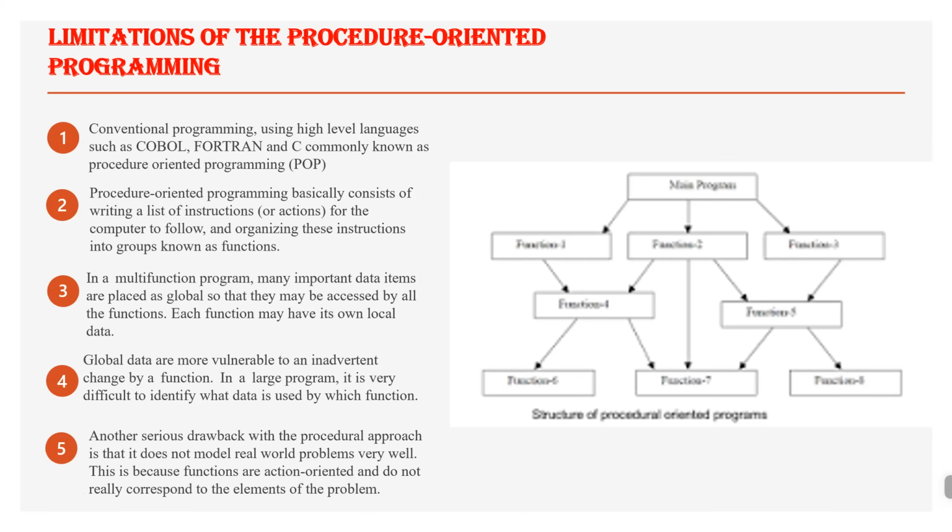Let me take an example of a student. What are the entities which are important to identify a student? Every student is identified by his name. Every student is identified by his register number. Every student is identified by his contact number.